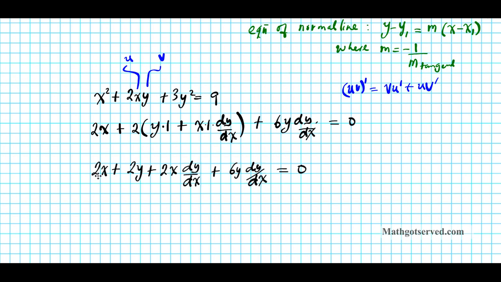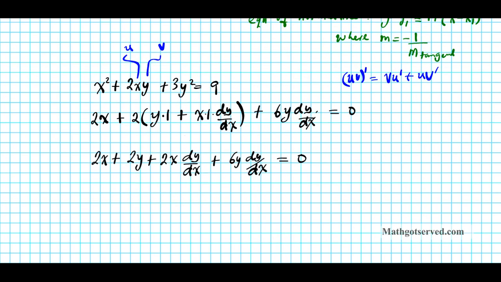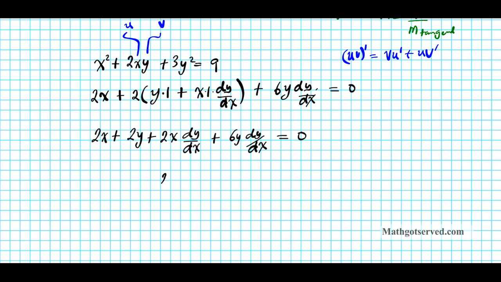These two terms do not have dy dx attached to them, so I'm going to subtract them from both sides. And then let's factor out dy dx in the process. If I factor out dy dx, I'm going to have 2x plus 6y dy dx equals negative 2x minus 2y.